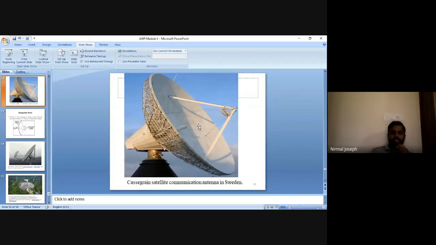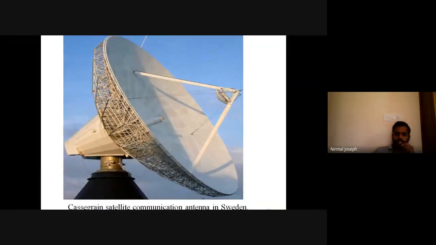See, this is the Cassegrain antenna. It is located in Sweden, and it is a very modern antenna. You might have seen this in some television programs. It is used mainly for satellite communication.